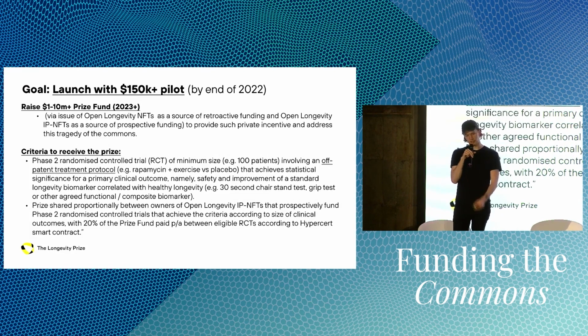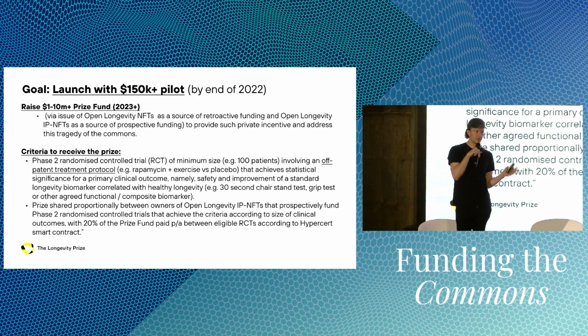The criteria we're still working out in detail, but it is basically having actual clinical trials, which are way cheaper for off-patent generic drugs because the safety profiles are already established. Humans have been taking them for 50 years in some cases.